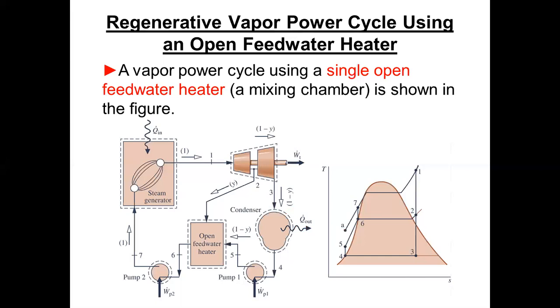So anytime you have an open feed water heater, you have to have a pump after it, because that open feed water heater is going to operate basically at the pressure of the extraction at number 2. And so that's going to be way, way less than boiler pressure. And so that's the pressure in that can basically that's coming out the bottom. And so you've got to have a pump.